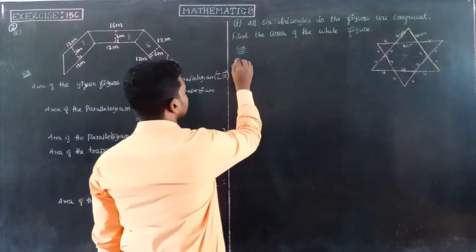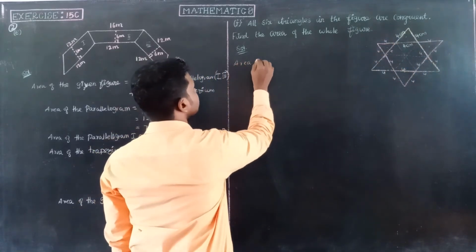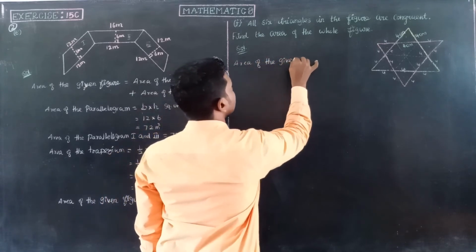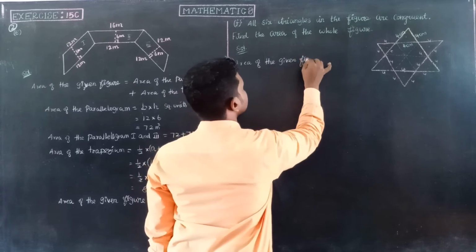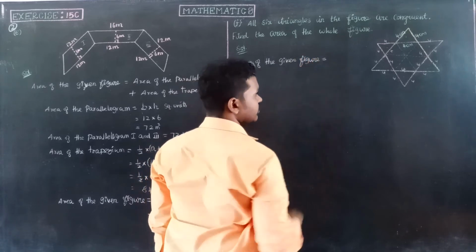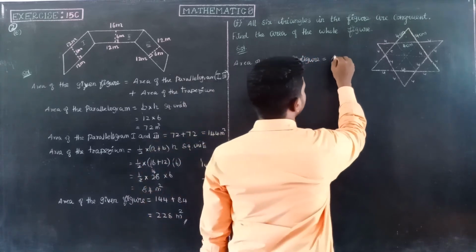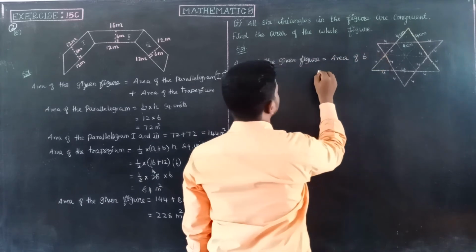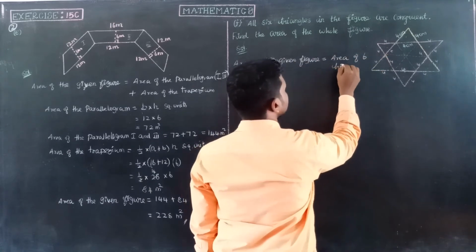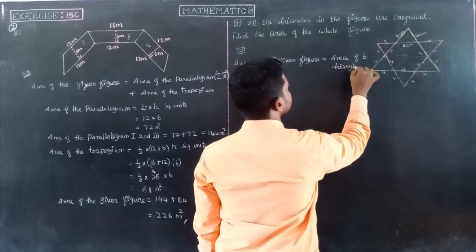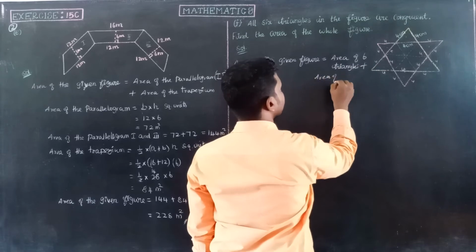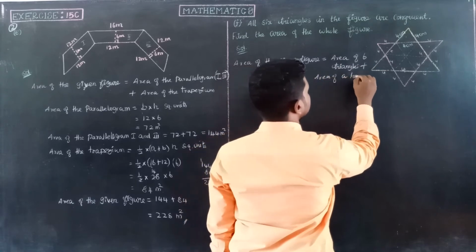So the area of the given figure is equal to the area of 6 equilateral triangles plus the area of a hexagon.